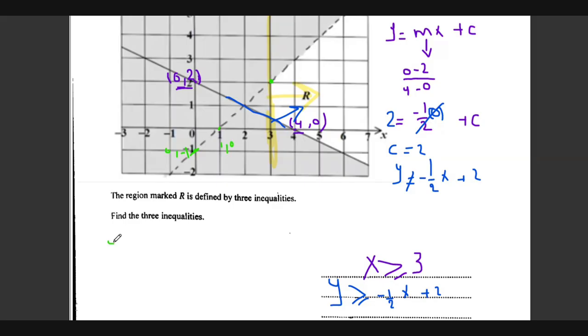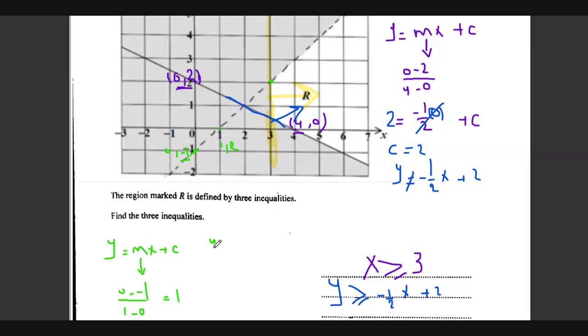So we get also y equal to mx plus c because it's linear. Here we need to get the value of the slope. So 0 minus negative 1 over 1 minus 0, which equals 1.